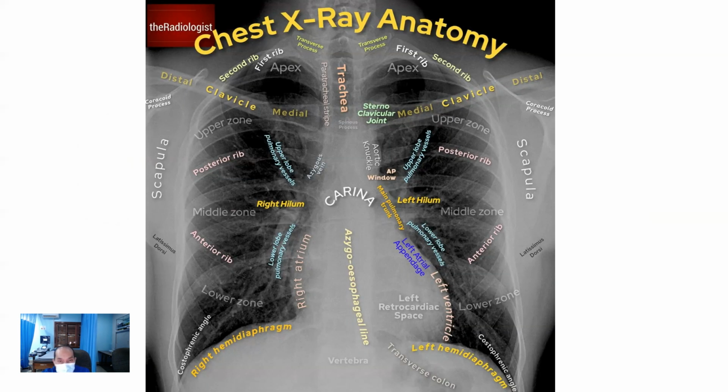So this is the anatomy in chest X-ray that we should know, to see clearly and to find the anomaly compared to normal.